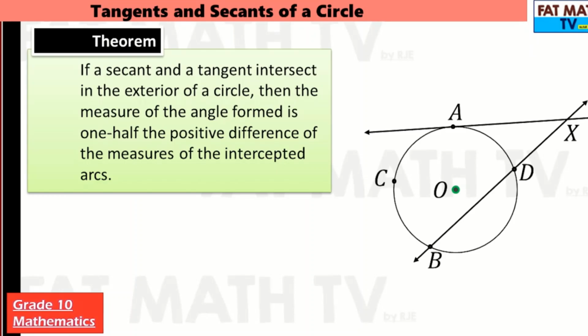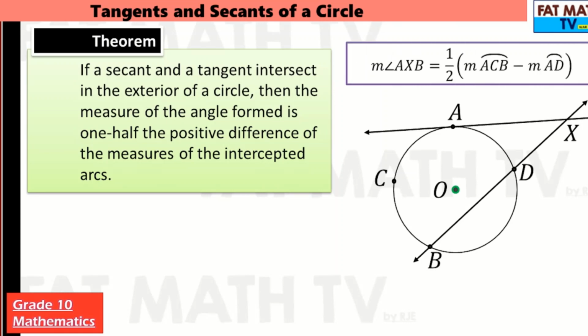Okay, another theorem. If a secant and a tangent intersect in the interior of a circle, then the measure of the angle formed is one half the positive difference of the measures of the intercepted arcs. As you can see here, the formula is like when we have two secants, it's just that here we have a tangent.